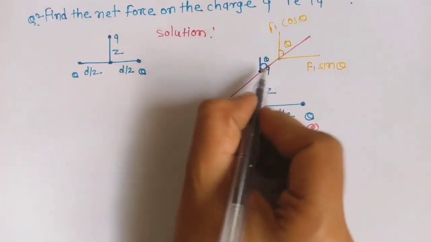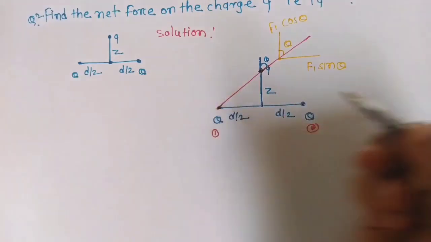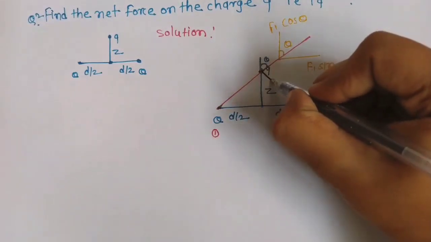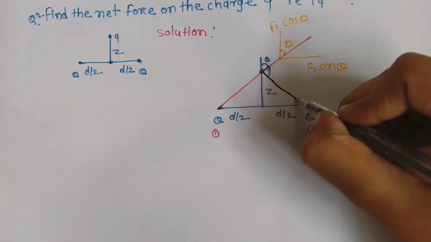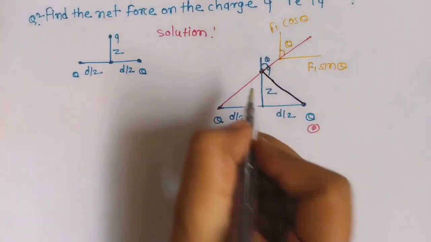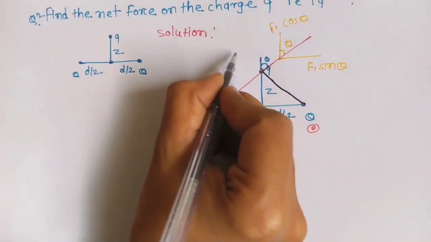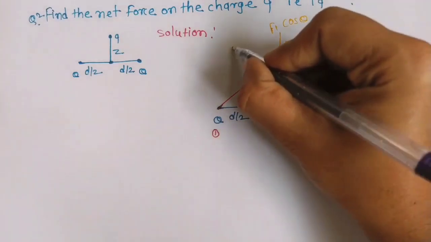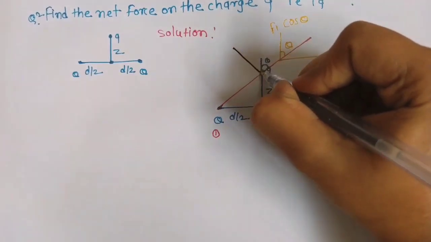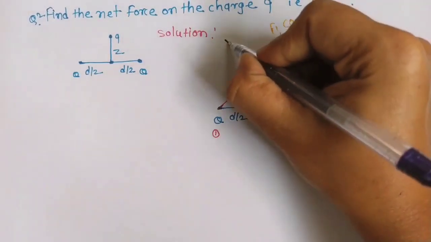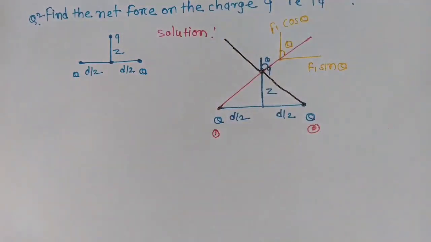Due to the second charge Q, the net force on the small charge Q is, both charges are positive, therefore they repel each other, and the direction of force is away from the charge.